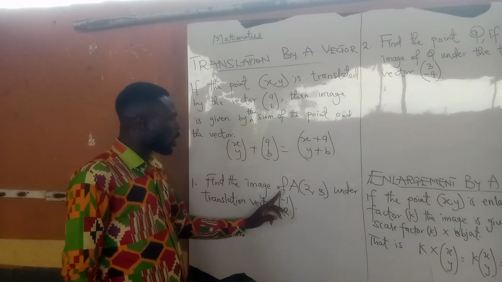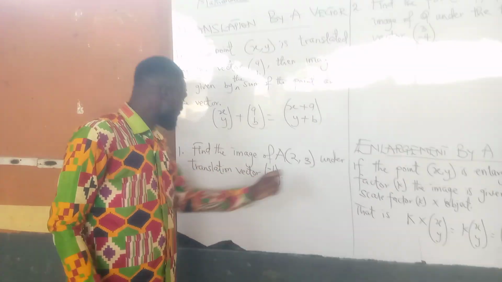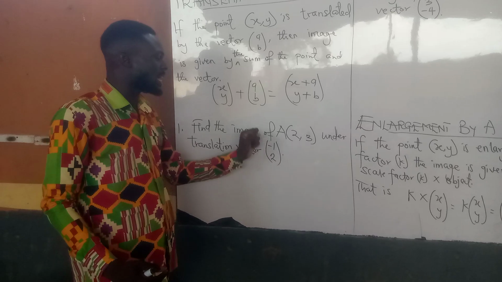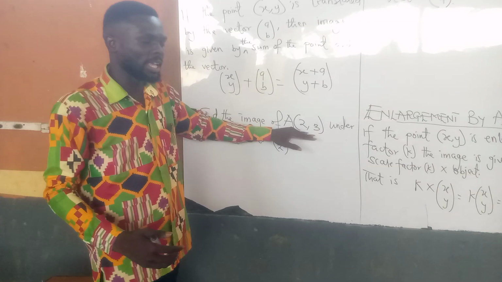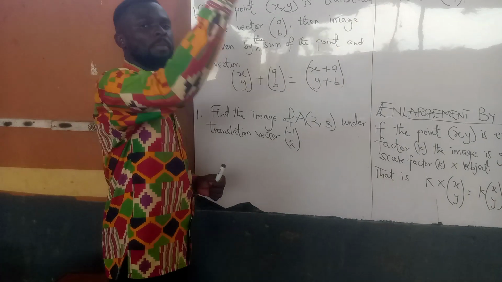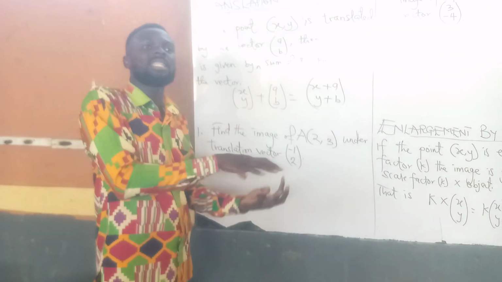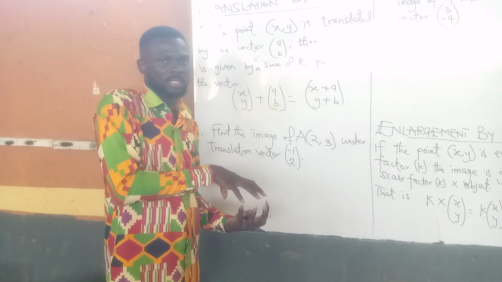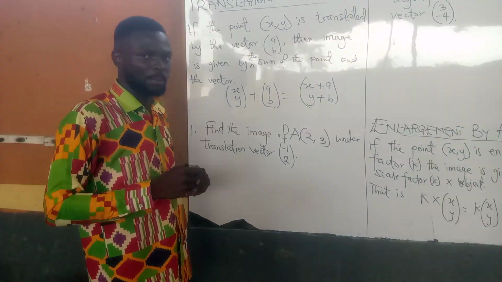Find the image of A (2, 3) under translation vector (-1, 2). So this is the point, and what are you finding? You are calculating for the image. And to calculate for the image, add the vector to the point, or add the vector to the position vector of the point.